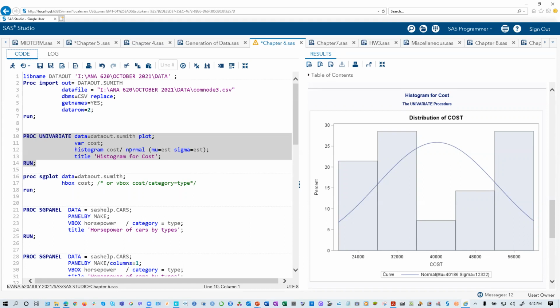In order to draw this normal distribution, normal curve, you really need these two, mu and sigma, which are called the parameters. Within this parenthesis, we have the parameters. What are the parameters? Mu. Mu is the mean value. We don't have mu. We have its estimate, which is y bar, the cost bar. Sigma.